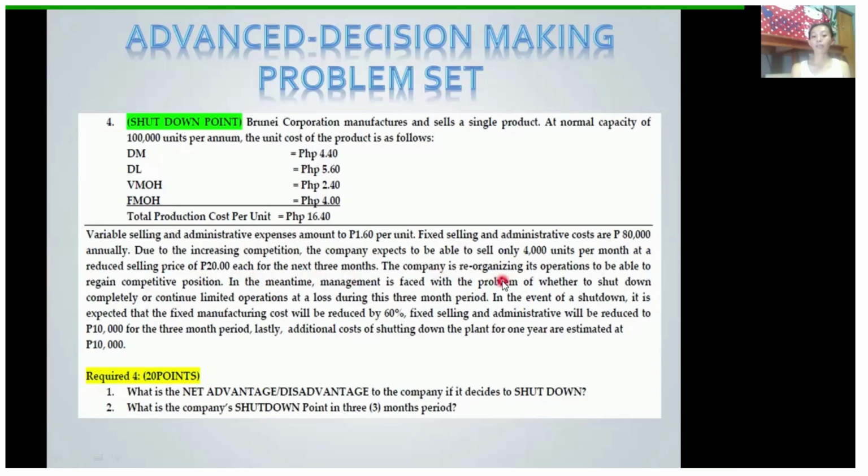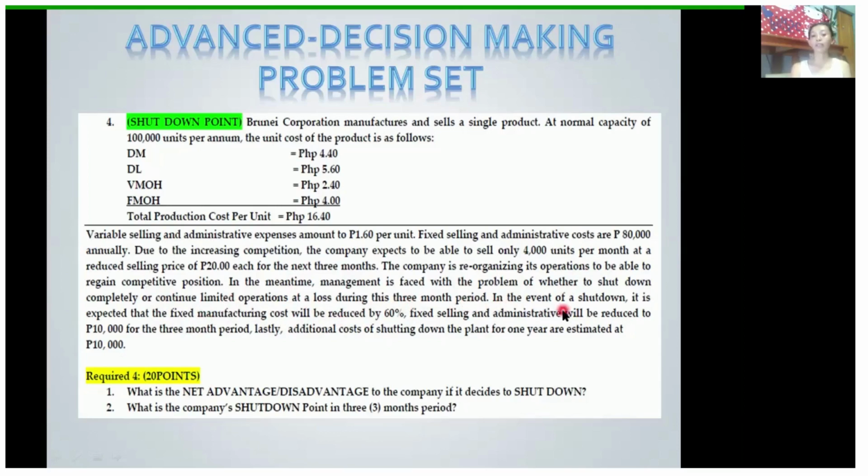The company is reorganizing its operation to be able to regain competitive position. In the meantime, management is faced with the problem of whether to shut down completely or continue limited operation at a loss during this 3-month period.